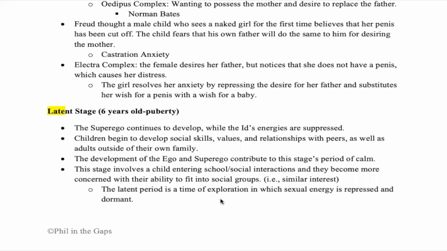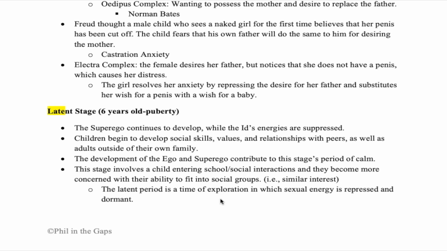So this is where the development of the ego and superego contribute to the latent stage period of calm, because the ego is going to be in the middle and kind of suppress or work through some of the id's impulsive decision making, while the superego is more focused on developing relationships and staying within the morals of society.